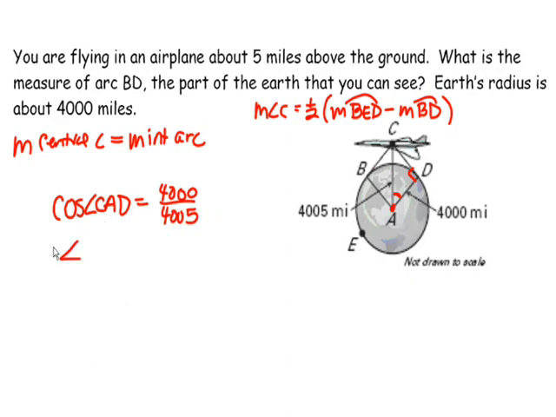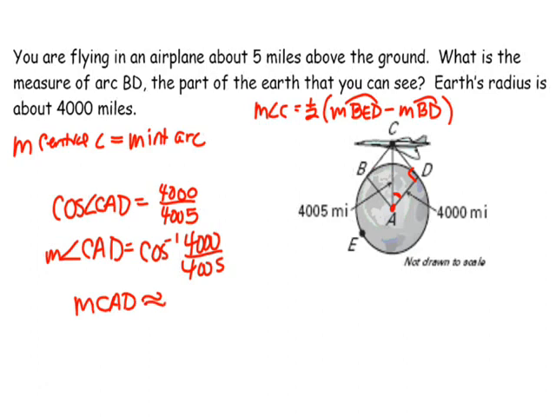I'm looking for an angle, so the measure of angle CAD is the inverse cosine of 4,000 divided by 4,005. You do the math, and you get about 3 degrees.